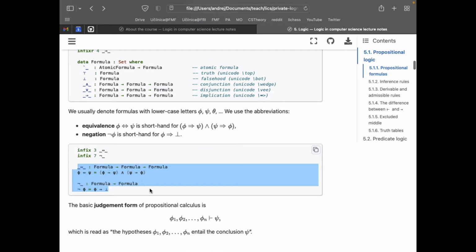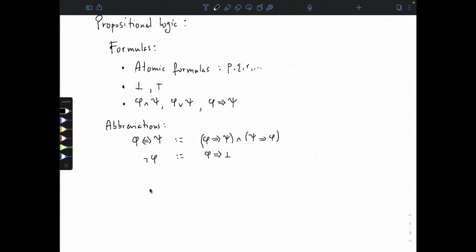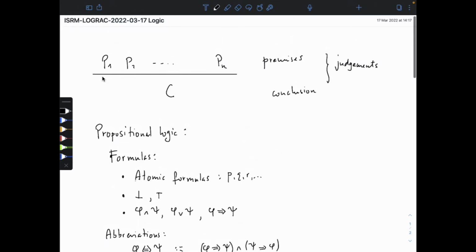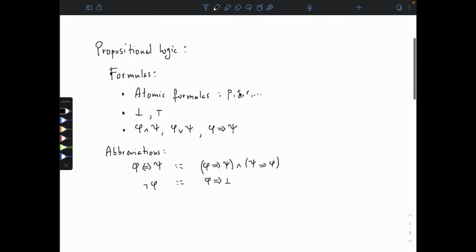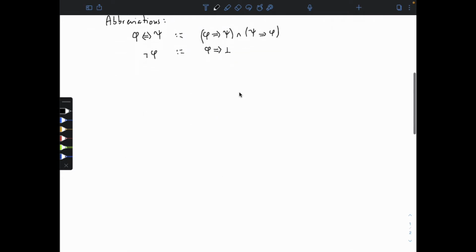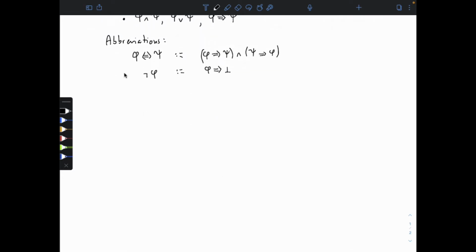Now we come to the judgment form. As I said, you always have to decide what these P's and C's in your inference rules are. And we already saw that they can be typing judgments, saying something has a type. Now, the judgment form of propositional logic is called hypothetical judgments.